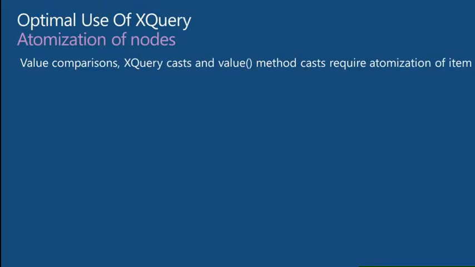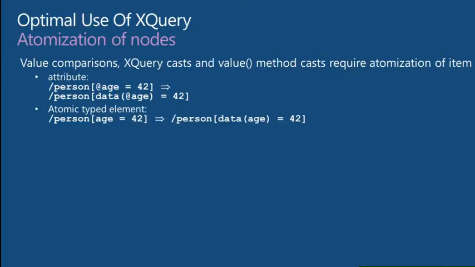Anytime you refer to an attribute or an element, and you want to use it as a scalar value, like the age of a person, underneath the covers in XQuery, something like atomization happens. It's like unboxing. It's unpacking the value out of that element or attribute node. There's a function called data that does that explicitly, so you can rewrite all of these accesses explicitly. That looks like this.